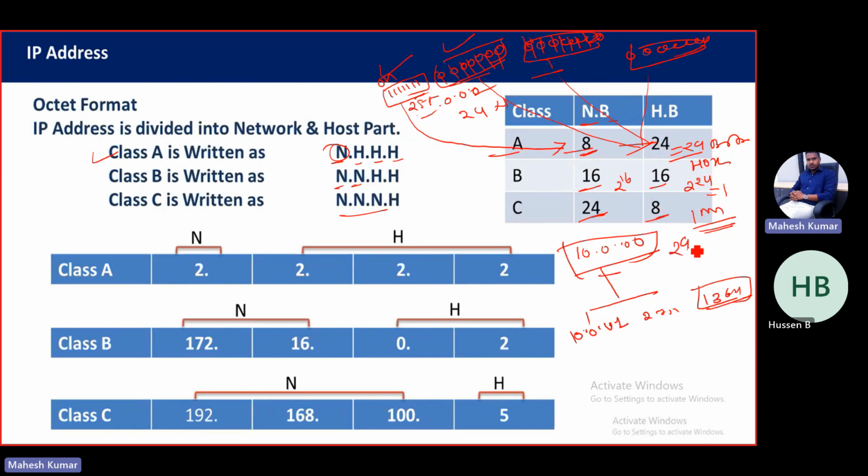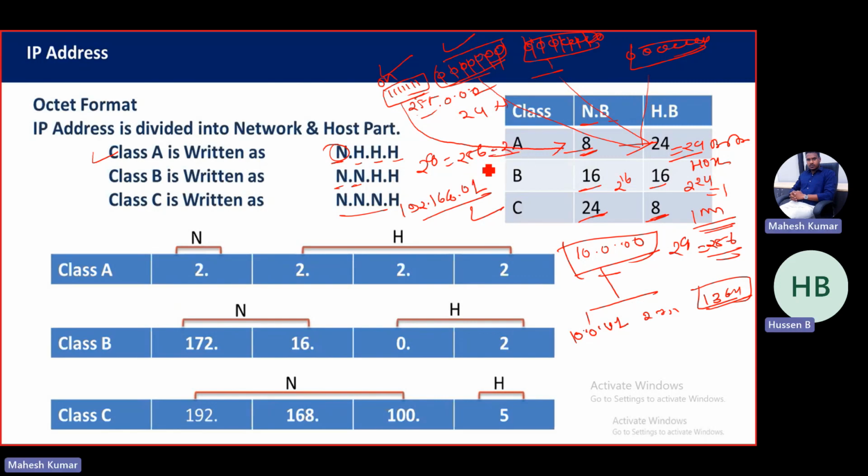The remaining 8 bits, 2 to the power 8, means 256 machines only can connect using a class C, like 192.168. 2 to the power 8 is 256.